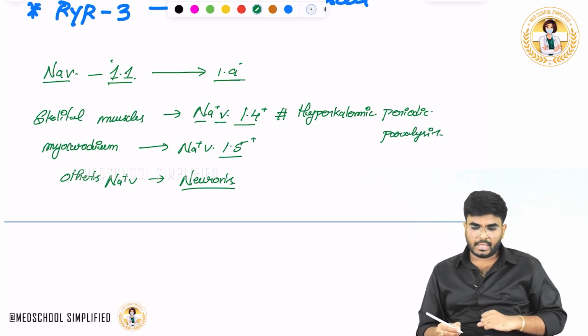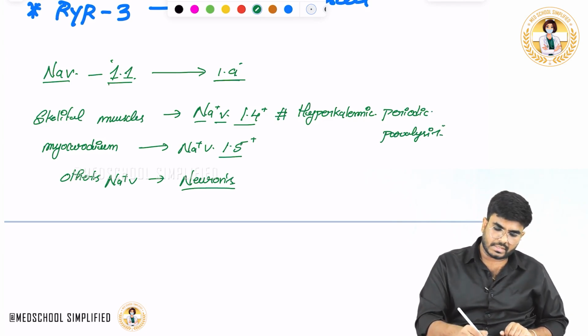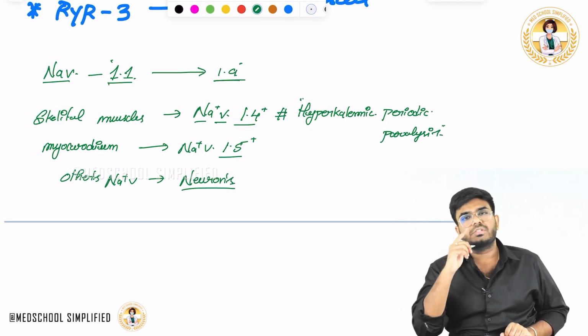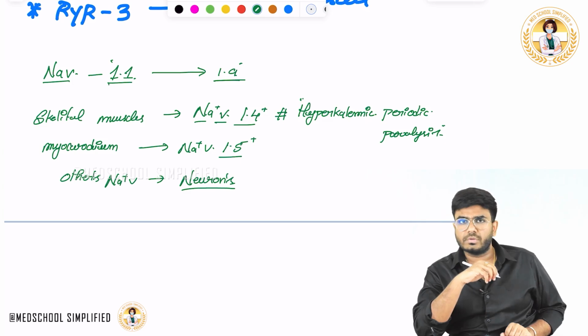So hyperkalemic periodic paralysis is going to be seen as a result of mutation of voltage gated sodium channels.